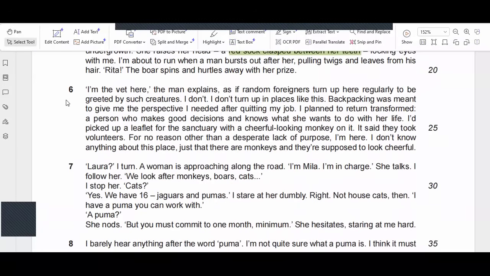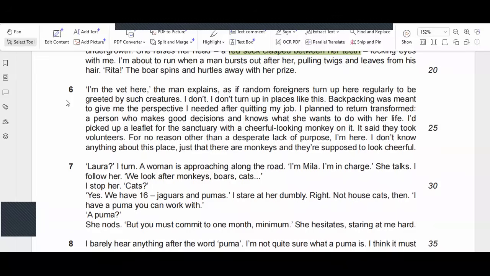Paragraph number 6 says: I am the vet there, the man explains, as if random foreigners turn up here regularly to be greeted by such creatures. I don't turn up in places like this. Backpacking was meant to give me the perspective I needed after quitting my job. I plan to return transformed, a person who makes good decisions and knows what she wants to do with her life.